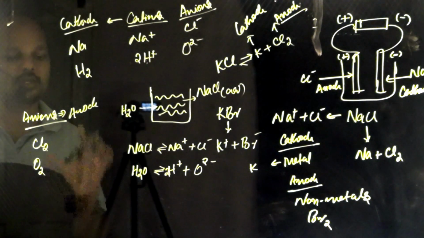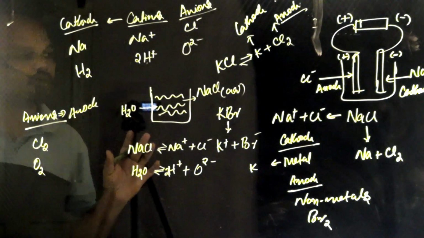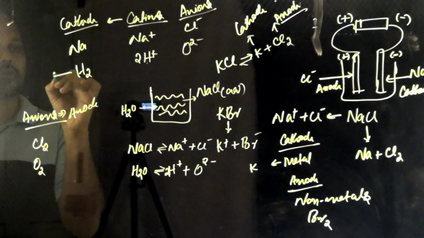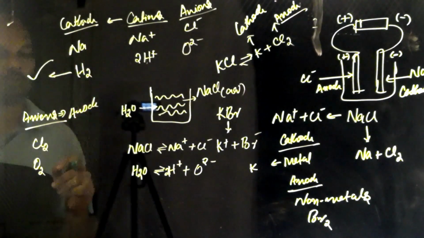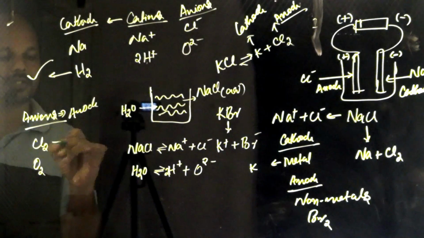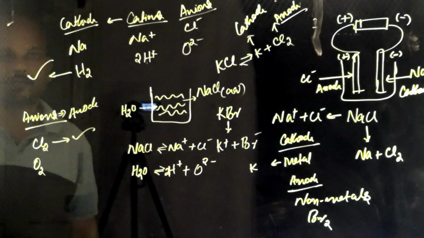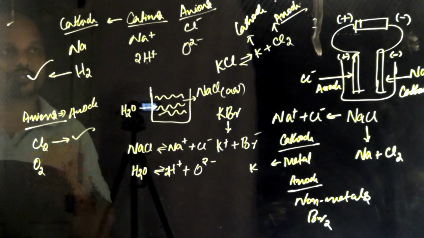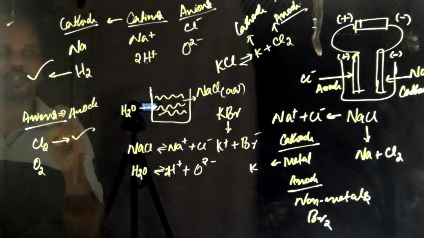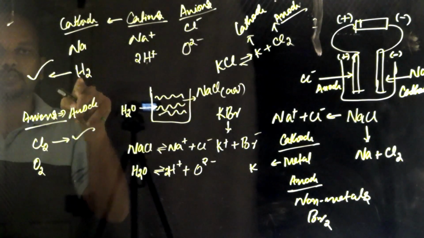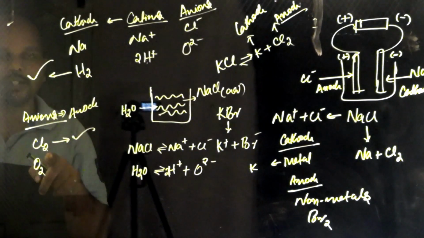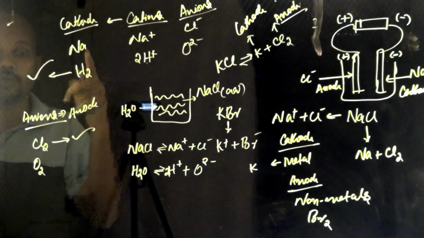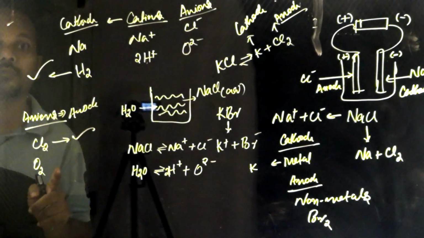Let's see, in aqueous sodium chloride, in the cathode, hydrogen will be forming. In the anode, actually chlorine gas is going to form. In the subsequent sections, you will understand why hydrogen is formed in the cathode, why chlorine is formed in the anode, why sodium is not formed in the cathode, and why oxygen is not formed.